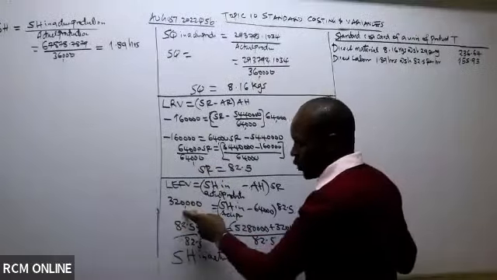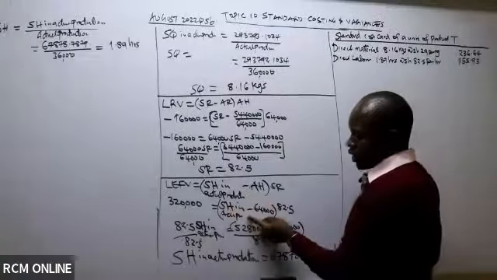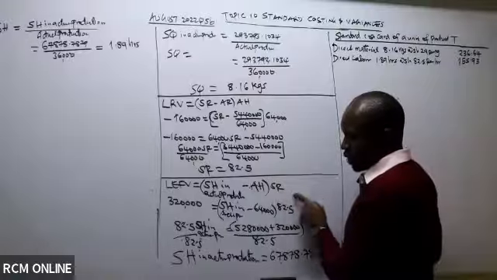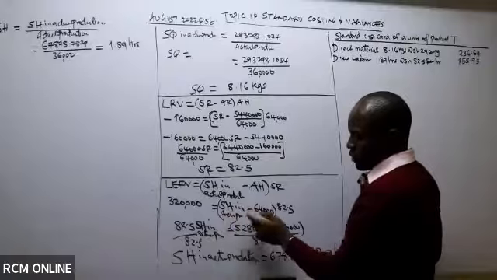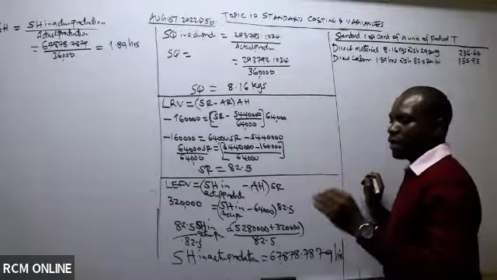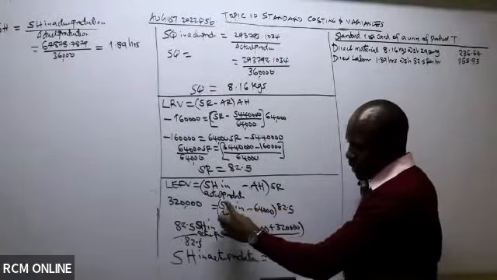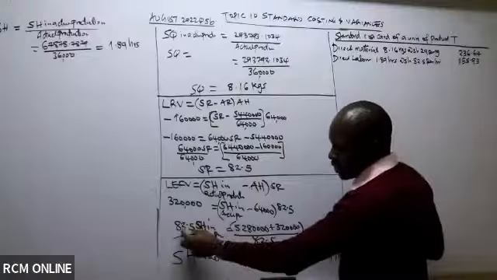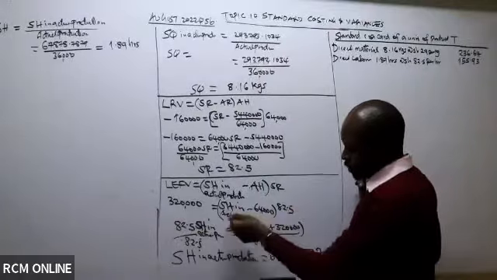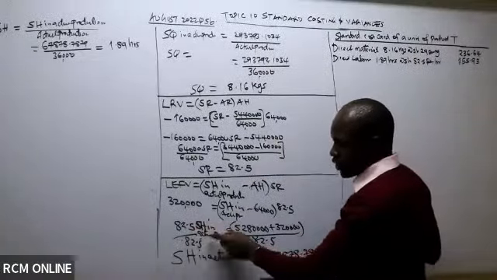It is favorable. Good. So 320,000 is equal to standard hours in actual production minus actual hours multiplied by the standard rate. Now, I've broken the brackets and consolidated everything. We want to make standard hours in actual production the subject of the formula. 82.5 times this will give us positive 82.5 standard hours in actual production.